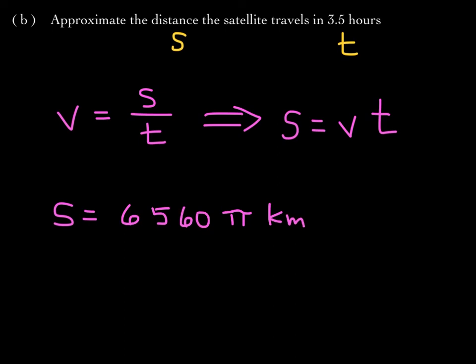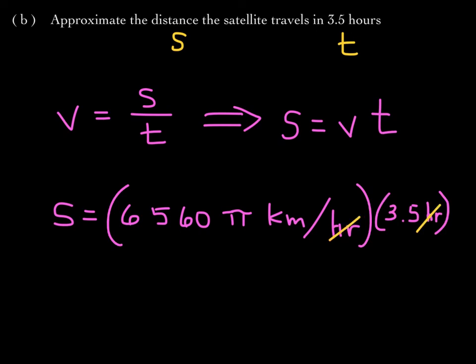That was the exact value for linear speed, times 3.5 hours. That's time. Notice that your hours cancel. So we're not talking about hours, of course. We're talking about distance, so our distance will be in terms of kilometers.